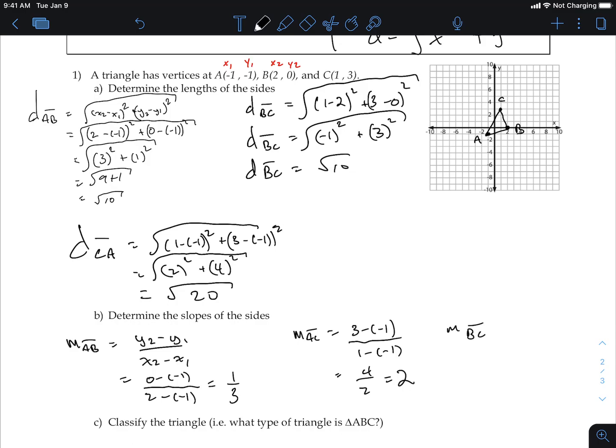BC. Okay. It's 3 minus 0 over 1 minus 2, which equals 3 over negative 1, which is negative 3. Sorry, you weren't fast enough, Retta. I caught it before you corrected me.